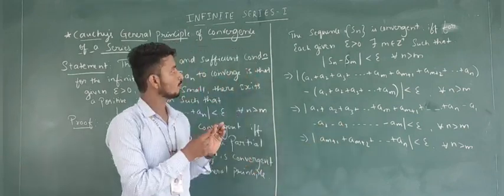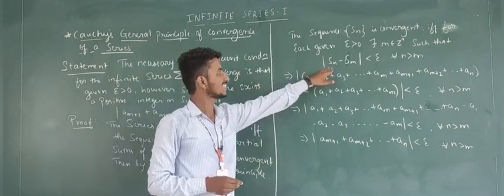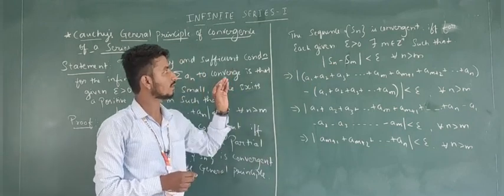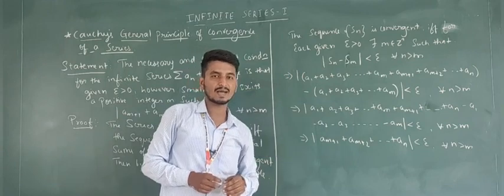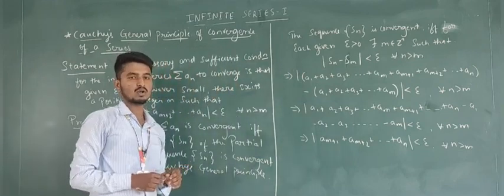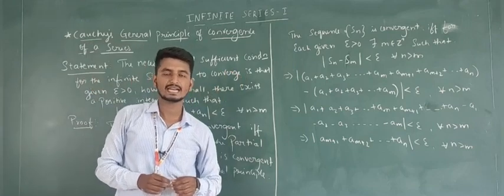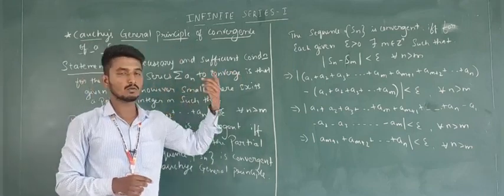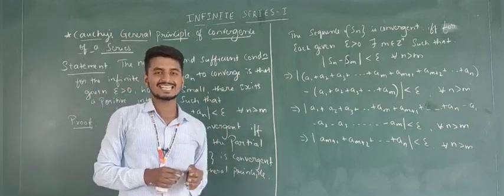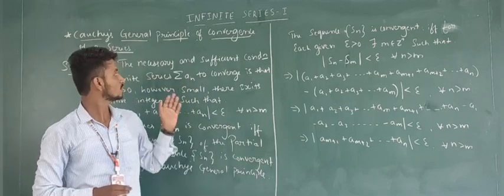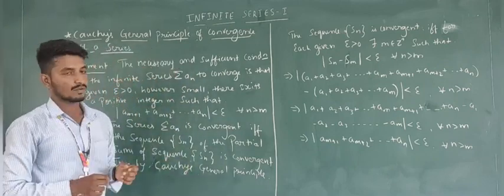So in this theorem we have seen that the sequence Sn is convergent if and only if this condition, Sn minus Sm less than epsilon for all n greater than m, is satisfied. So this is about Cauchy's general principle of convergence of a series.